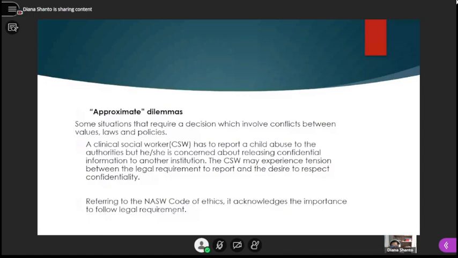But at the same time, par exemple, you work with children. À un moment donné, l'enfant vous dit, I was abused by my uncle. Et you cannot just stay quiet. Dit que the uncle lives next door, he frequently comes home. Donc, your assessment, you know there is a risk of danger.